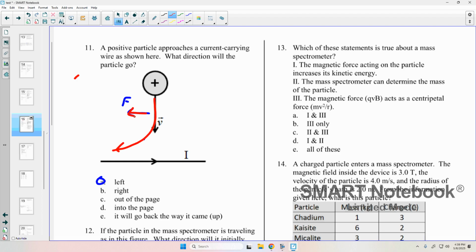That means the magnetic field is out of the page. So the magnetic field here is out of the page. And then I ask myself the question, what direction is the current to give me that magnetic field? And it is to the right. Okay, so those are the two variations of that question.